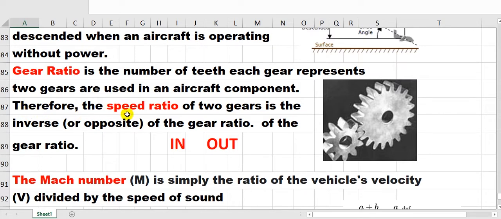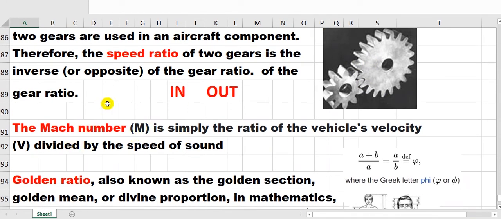Therefore, the speed ratio of the 2 gears is the inverse or opposite of the gear ratio. This is the smaller one, called the pinion or input or driver, and this is the output or driven. Okay, so this is the ratio between the teeth here and the teeth here.